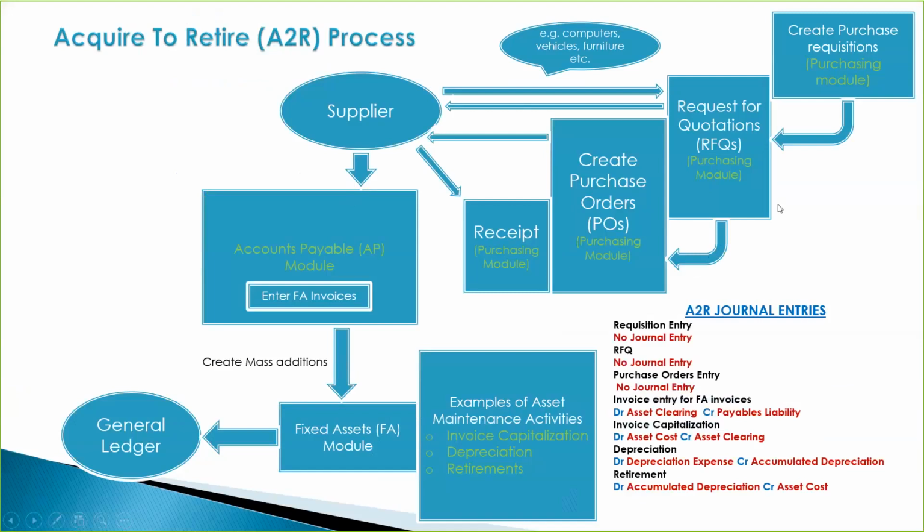Now, some of the processes that are part of the acquire process are pretty much similar to the procure to pay process. You're going to realize that. Basically, when a need arises within the business, within a department or the whole enterprise, someone within the department, or anyone in charge of that business unit, who wants to procure the item will create a purchase requisition, the exact same way they normally do in the procure to pay process.